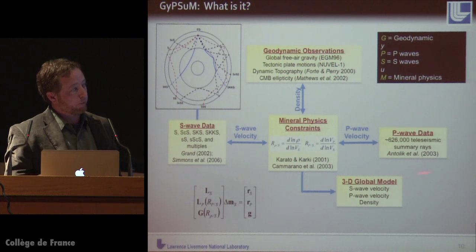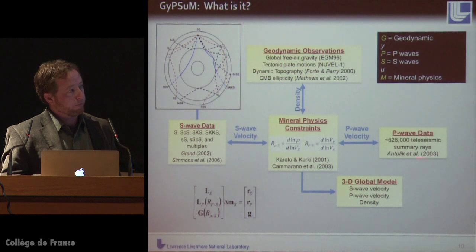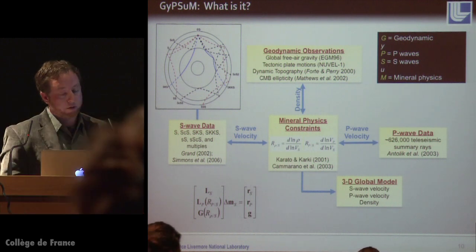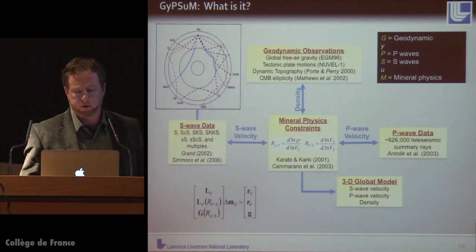And one of the major differences between the other models is that we include P-wave data. This is often referred to as the Harvard data set, a fairly large set of summary arrays that many of you are familiar with.